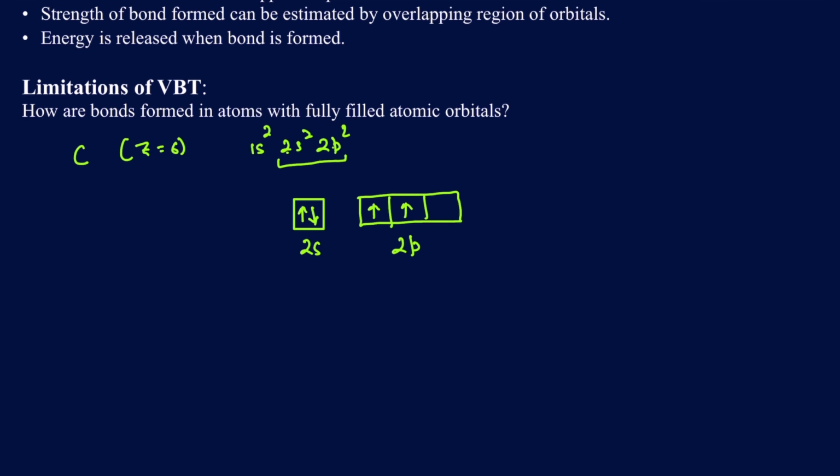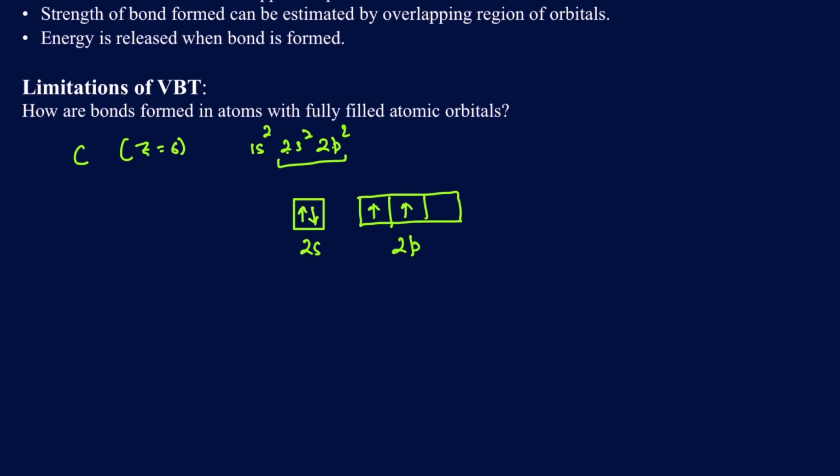Now, based on the valence bond theory that we just talked about, if that was true, we would see that this carbon has only two half-filled atomic orbitals. So, as a result, it would be able to make two bonds because that was the whole point of the valence bond theory, that the orbitals that are half-filled are the only ones that are going to be overlapped to make a bond.